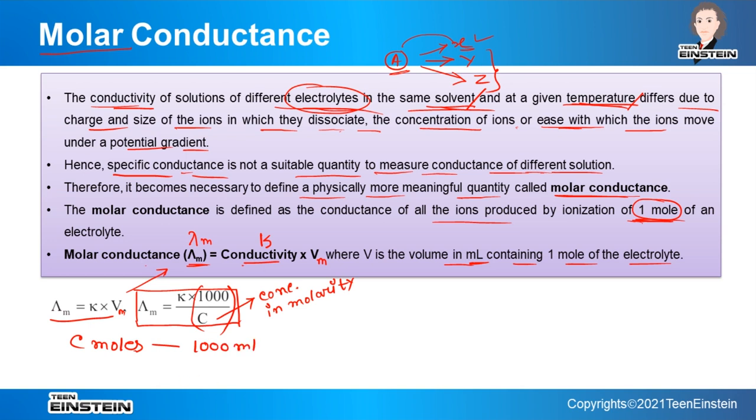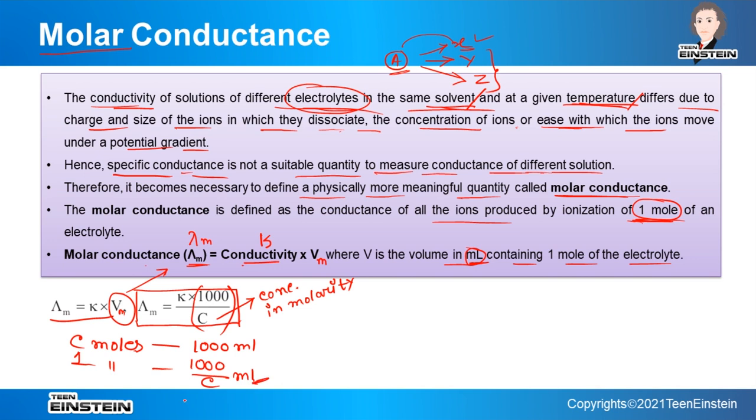Why are we not using 1 liter? Because it is mentioned that it is in ml. So C moles are present in 1000 ml, but we require that volume where only 1 mole is present. So 1 mole is present in 1000 by C mL. That is why in place of Vm, now we have written 1000 by C.